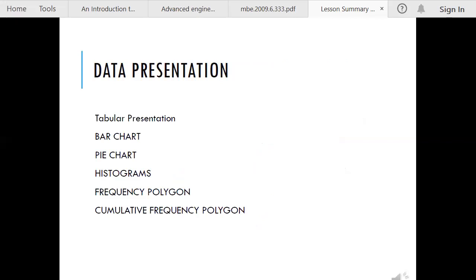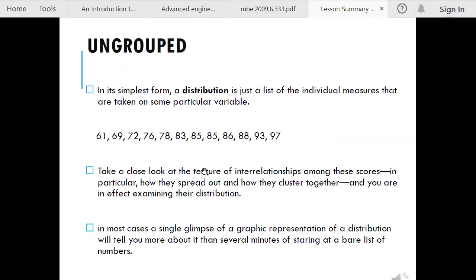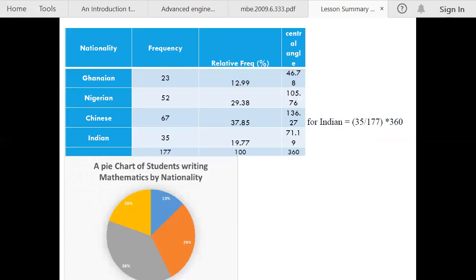I did a slide demonstration of how you can use a given group data to plot a pie chart. If you're looking for relative frequency, it is given by the frequency of the class.